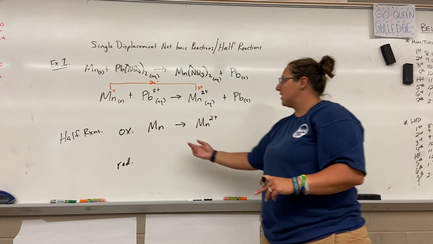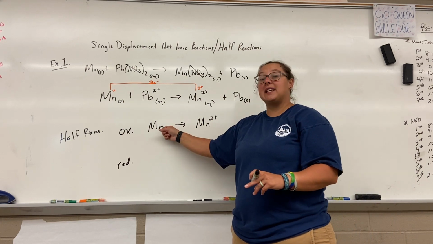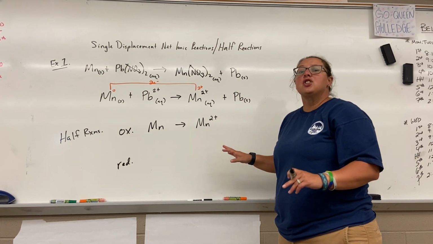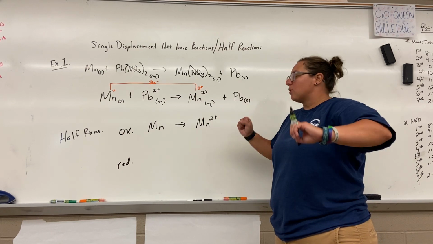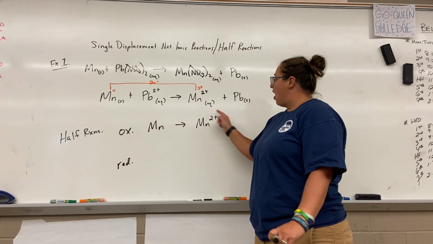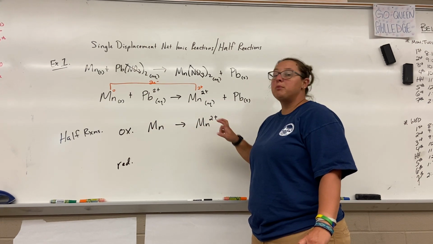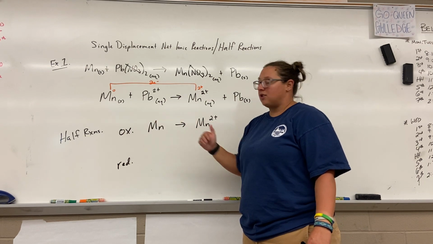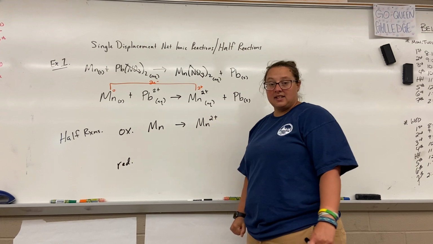So we have to put these electrons in the half reaction. Now, the question is, which side do we put those in? We will always put it according to the side that balances our charges. So over here I have an overall 0 charge. Over here I have an overall 2+ charge. Well, I need to make either this side 2+ or this side 0.